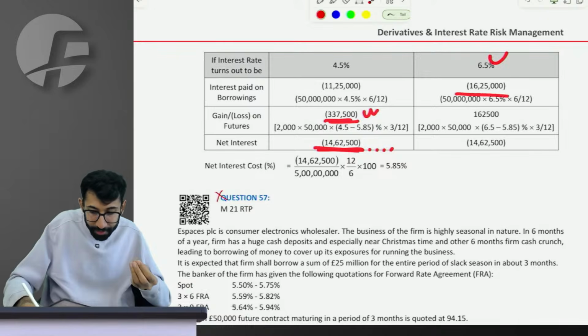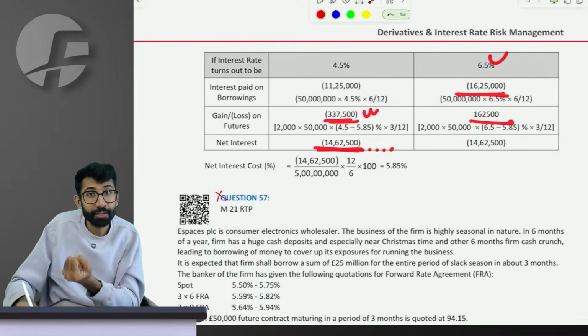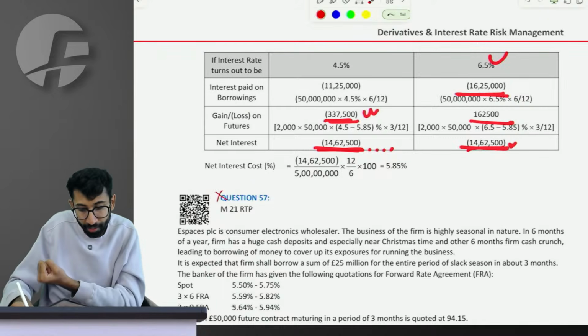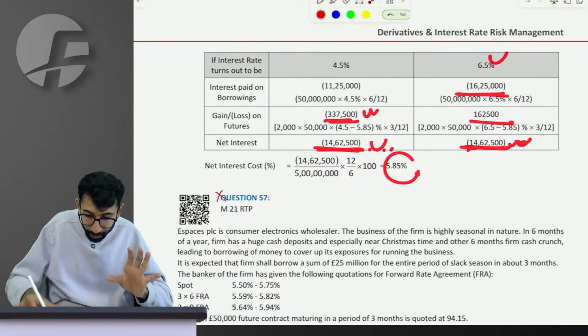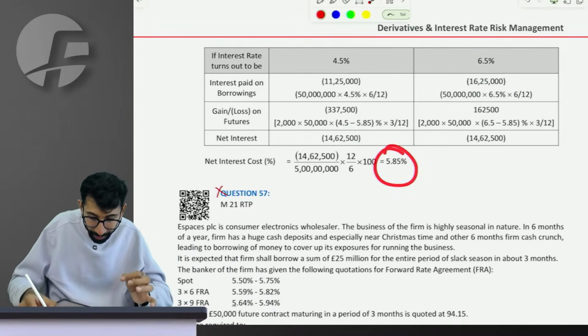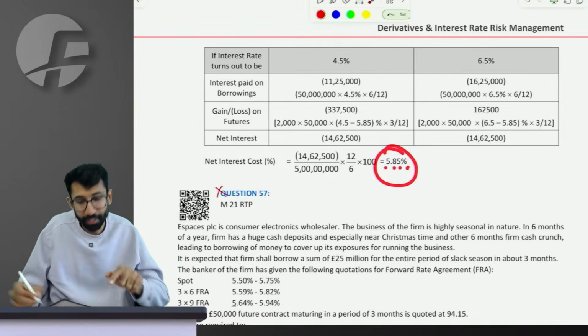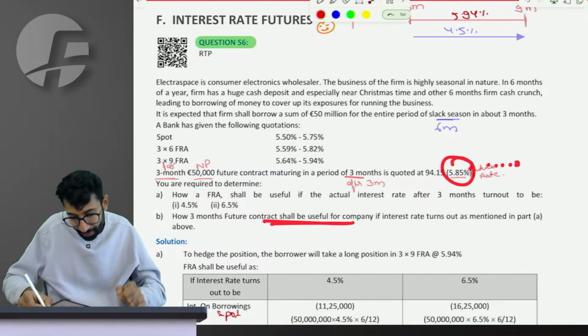Even if the rate becomes 6.5, in the spot I pay 16.25, but in the derivative I receive 162,500 because of gain. Overall I pay 1,462,500 in any case. When I convert it to percentage terms, effectively I end up paying 5.85% only, which is my agreed futures rate. That is how it has been useful.